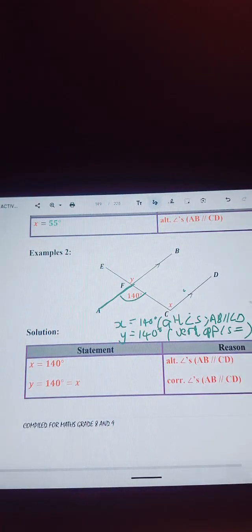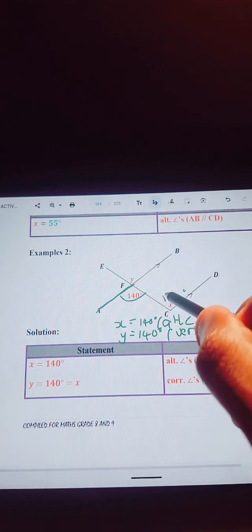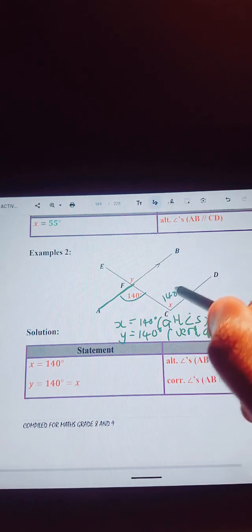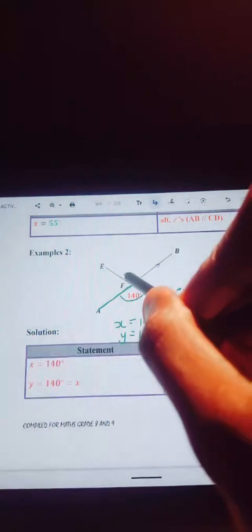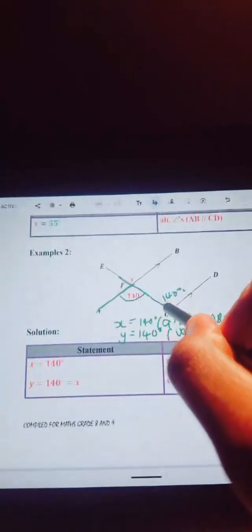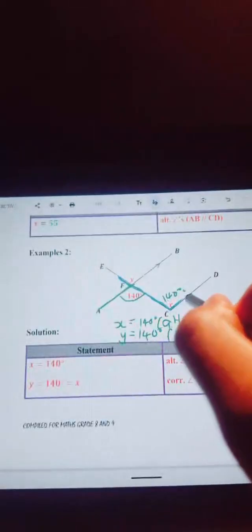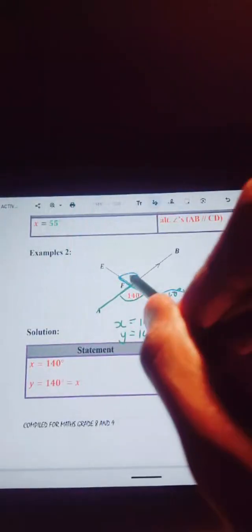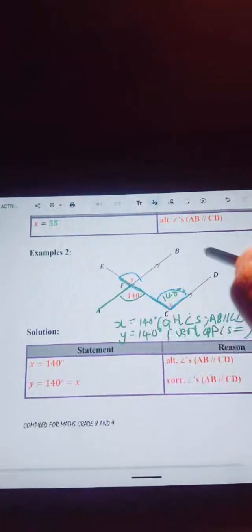Does that make sense? Since we know x is 140 here, that means F shape, top, top. So x is equal to y. In other words, y is equal to 140. That's another way of getting the answer.